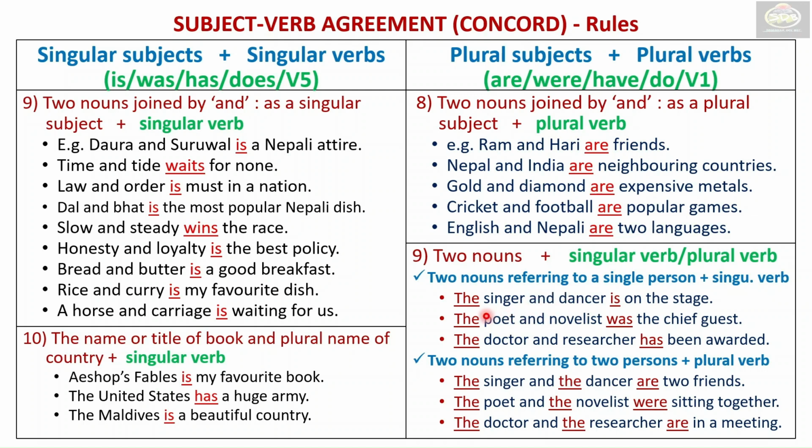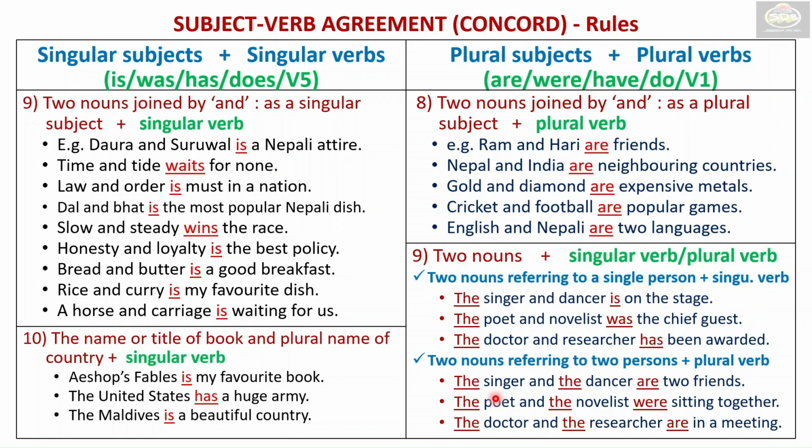For example, "the singer and dancer" means there is only one person who is a singer, and the same person is a dancer as well. In such a situation we have to use a singular verb. There is only one "the" in the beginning: the singer and dancer. It means there is only one person, who is singer and dancer.